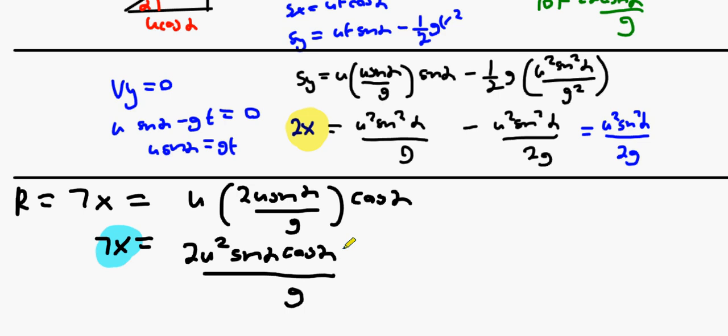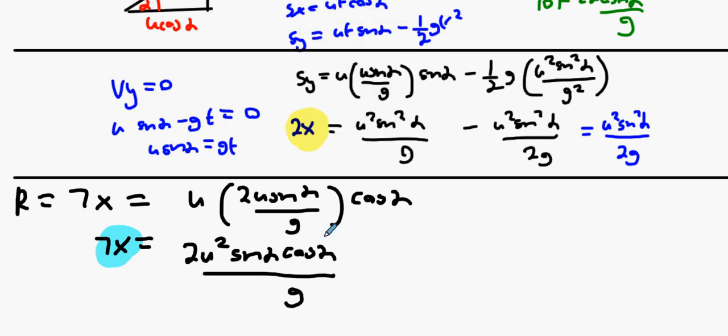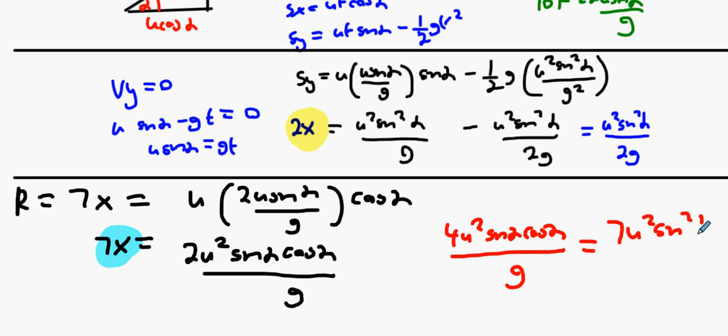Don't want to do that. So, I'm going to do 2 times this one here, which will give me 4u squared sin alpha cos alpha all over g. I'm going to do 7 times this one, which will give me 7u squared sin squared alpha over 2g.